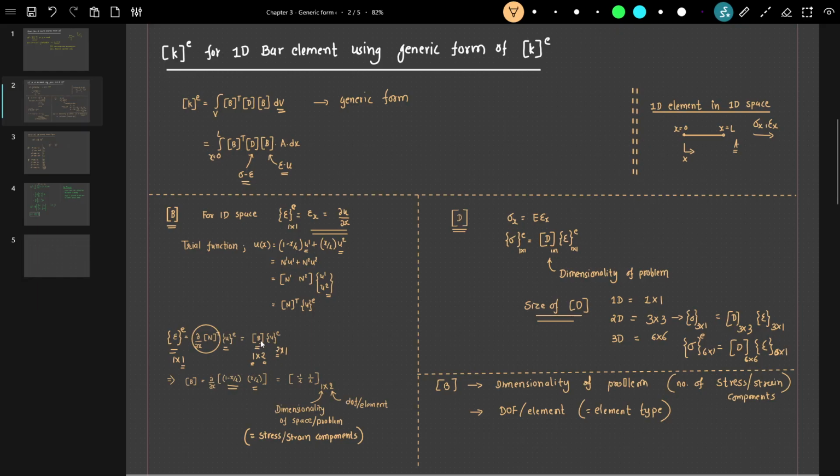So the size of the B matrix is 1 by 2, which is nothing but the number of stress components by the degrees of freedom per element. This first one is the number of stress or strain components. We can also say it is the dimensionality of space or the dimensionality of the problem.